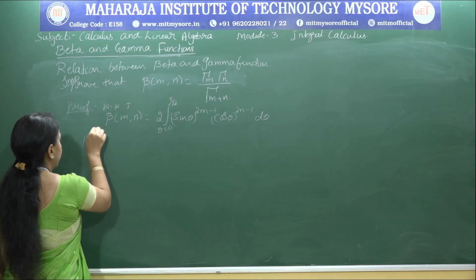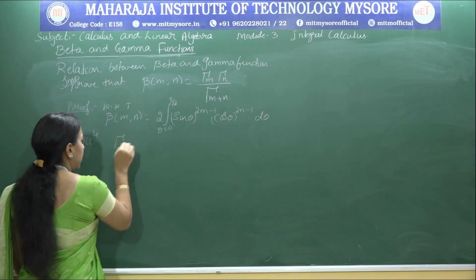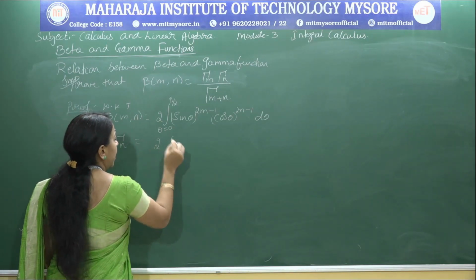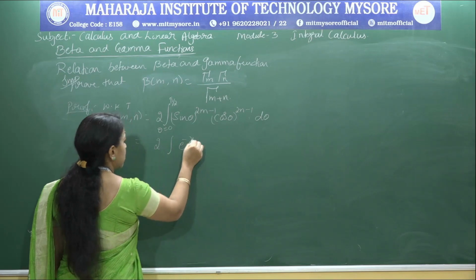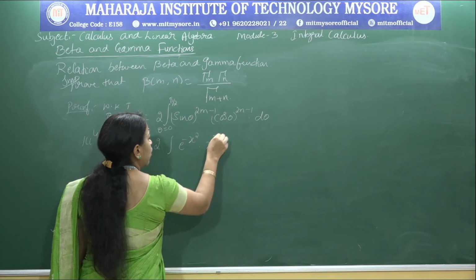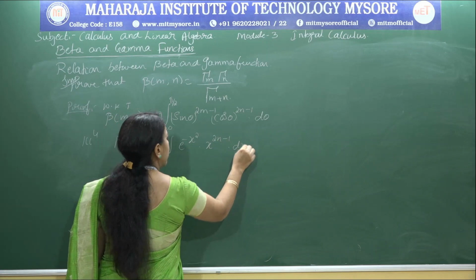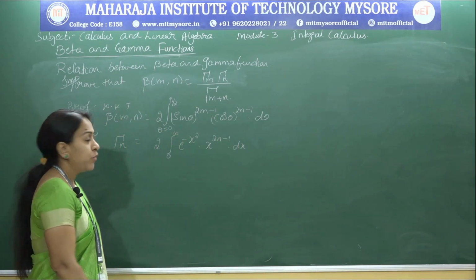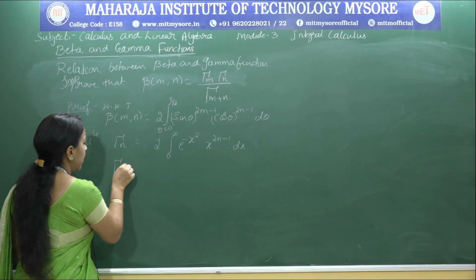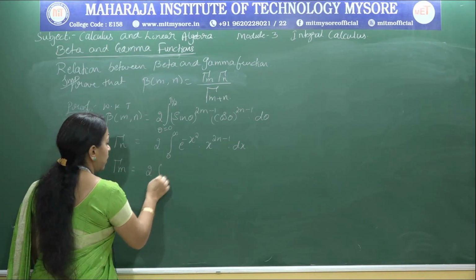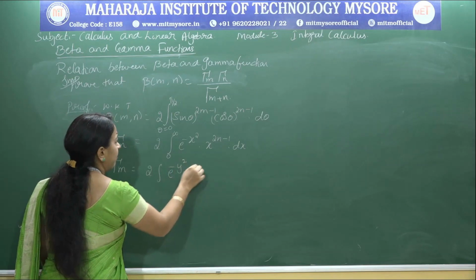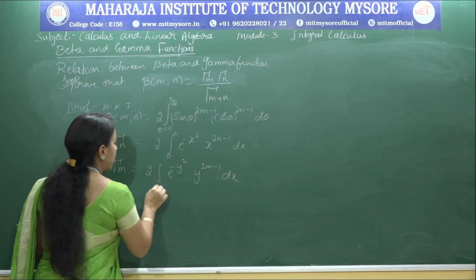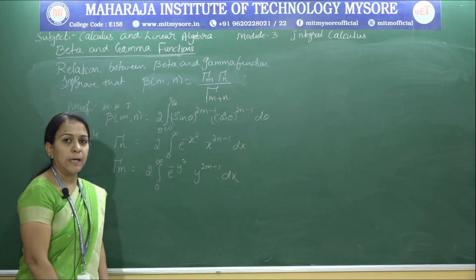Also, similarly, we know the gamma definition. Let me define gamma n in terms of x, that is gamma n is 2 times the integral e power minus x square into x to the power of 2n minus 1 into dx between the limit 0 to infinity. Similarly, gamma m I define as 2 times the integral e power minus y square y to the power of 2m minus 1 dy between the limit 0 to infinity.